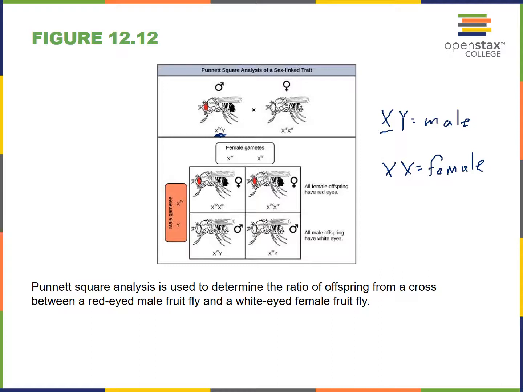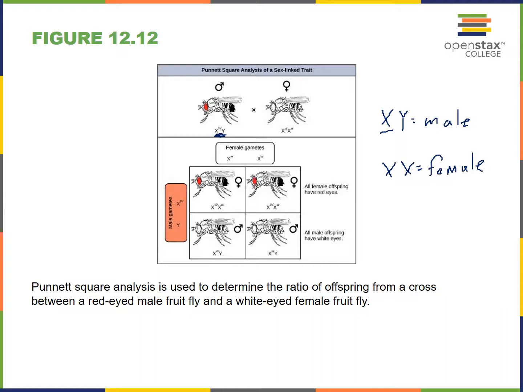That just means that he only has one X. So he can never really be homozygous or heterozygous because he only has one X. He is considered hemizygous. That means he only gets one copy of an allele from X-linked genes.